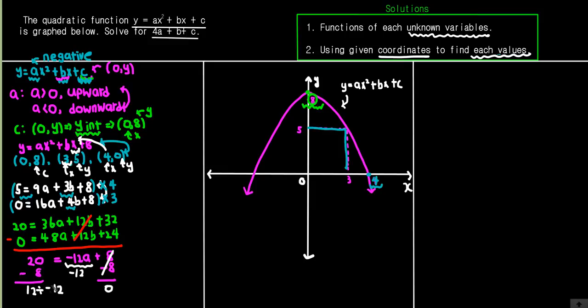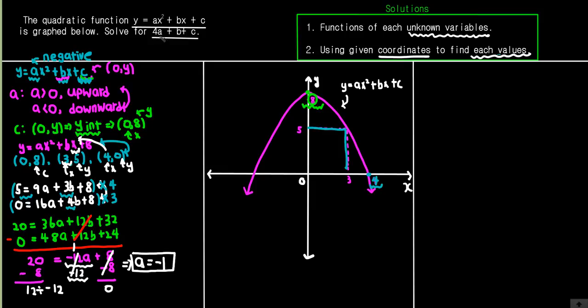The reason why we divide both sides by negative 12 is that since we divided by negative 12 on this side, we need to keep the equal sign to make an equation. Negative 12a divided by negative 12 will turn into a, and 12 divided by negative 12 is equal to negative 1. So we finally found the value of a, which is negative 1.